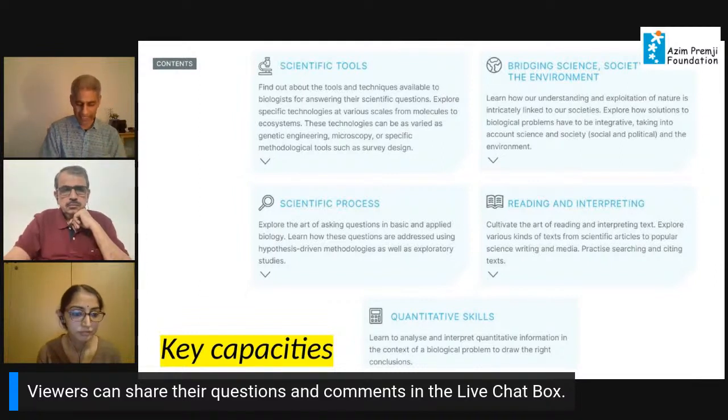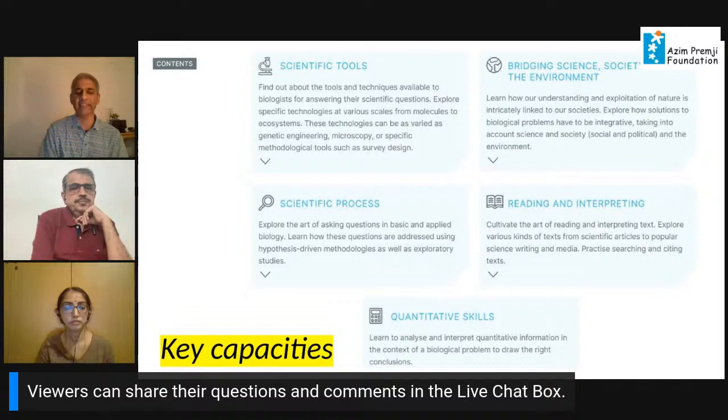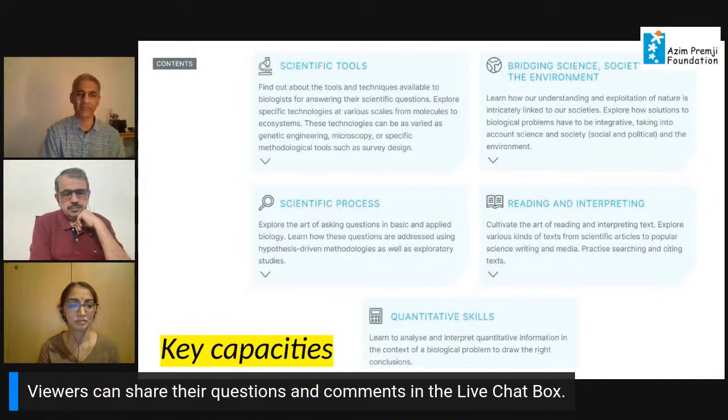We also have the capacity of quantitative skills. I think pretty much everybody here knows that no longer can you teach biology without students learning maths and trying to interpret graphs. Statistics is a major part of biology now. And so it's really important that students learn basic quantitative skills, and we've chosen to focus on that.